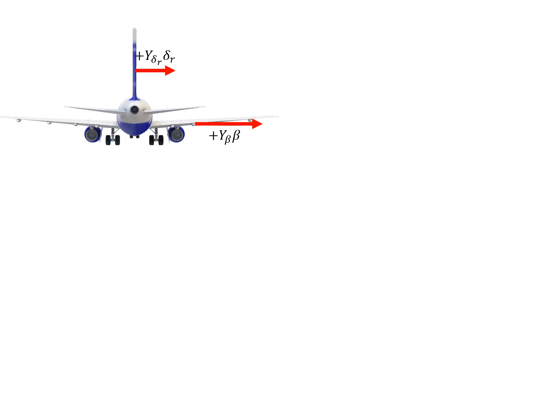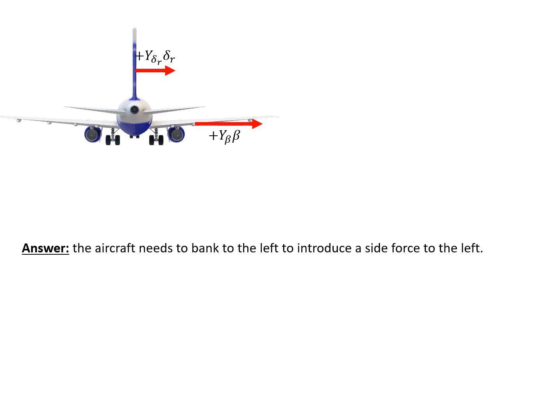So in order to answer that question, we need to have a rear view of the aircraft, and we can see the positive side forces from the fuselage, and also from the vertical tail. So we can see both forces towards the right. Okay, the answer is the aircraft needs to bank to the left to introduce a side force to the left. Let's see how it happens.